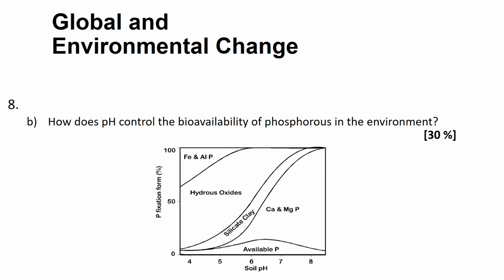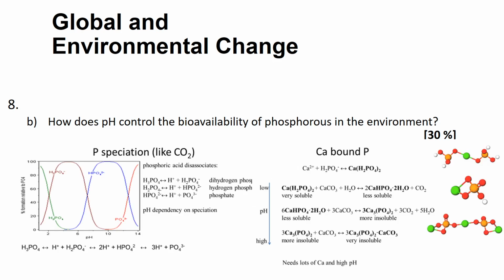Okay, so that would be a good thing to have in your answer, and you could have gone into more detail to explain how different forms of phosphorus exist at different pHs. At low pHs we might have more phosphoric acid and dihydrogen phosphate, whereas at high pHs we might have more phosphate and hydrogen phosphate.